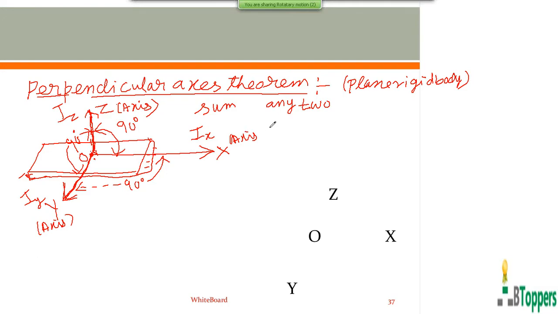According to the perpendicular axis theorem, the moment of inertia of a rigid body about any axis perpendicular to its plane will be equal to the sum of its moments of inertia about any two mutually perpendicular axes in the plane of the rigid body and intersecting on the first axis OZ at the point O.